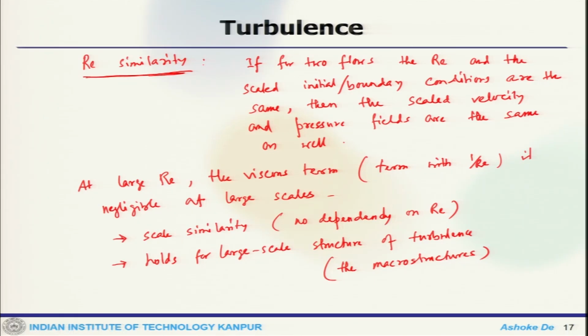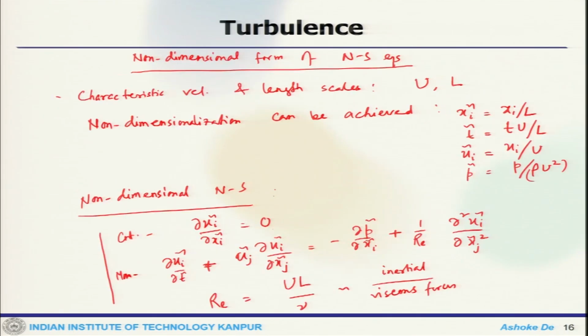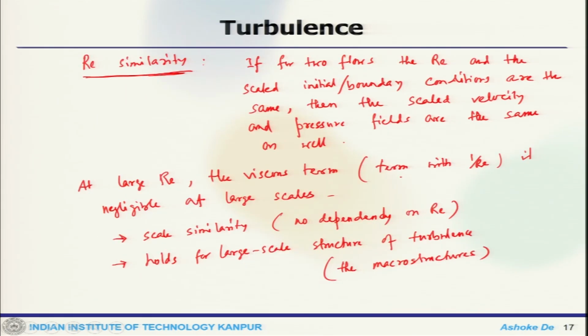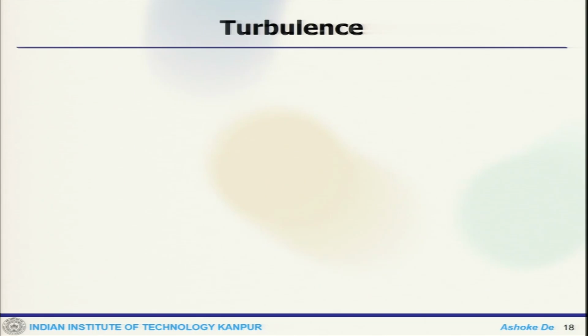Now, when we move to a large RE, this is our viscous term, the term with 1 by RE is negligible at large scale, which means there is a scale similarity, that means there is no dependency on the Reynolds number, and this holds good for large scale structure of turbulence, that means the macro structure. So, these two things are your Reynolds number and the scale similarity.